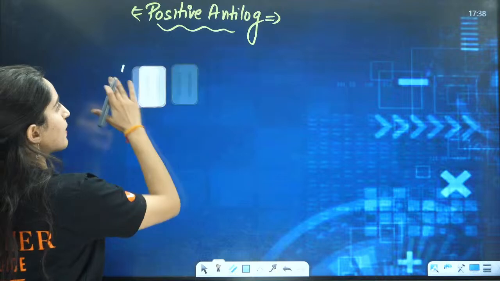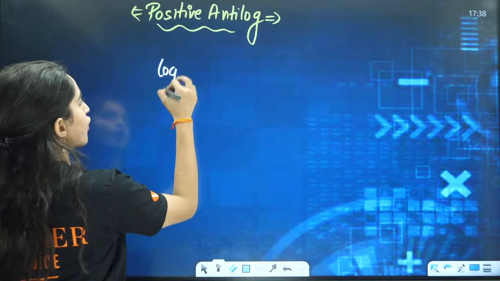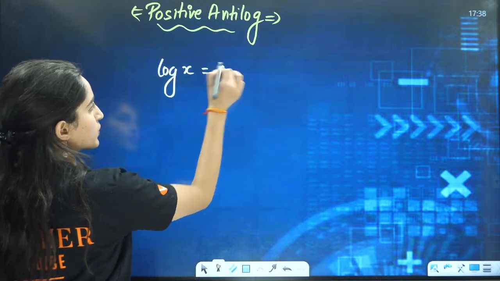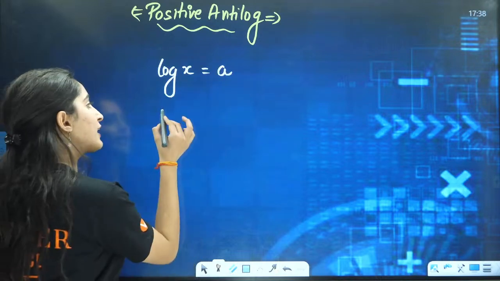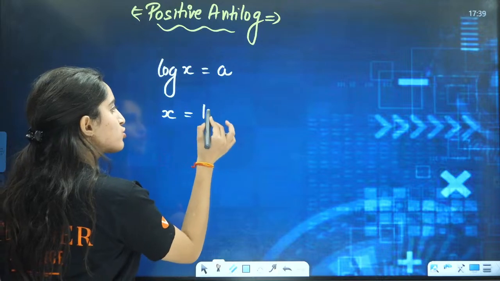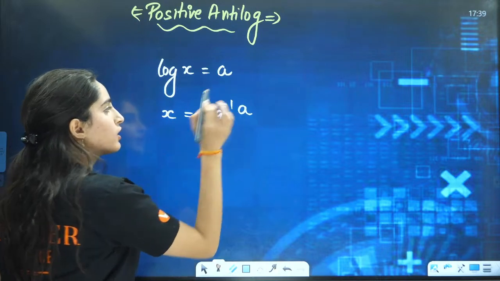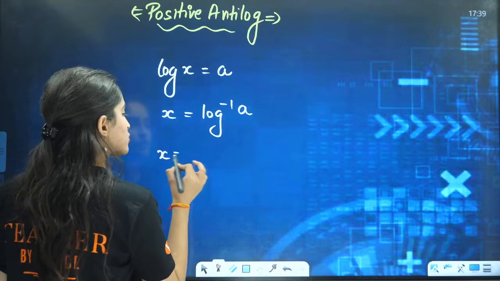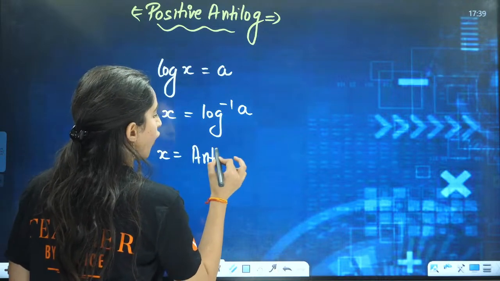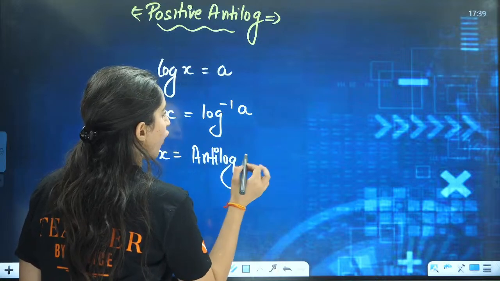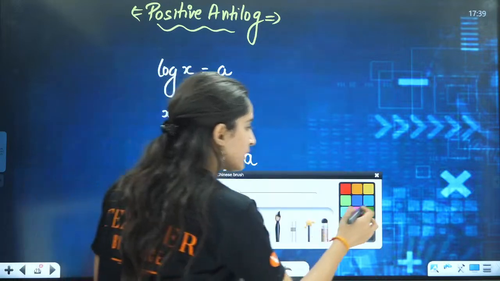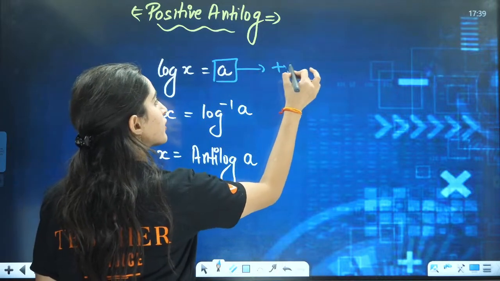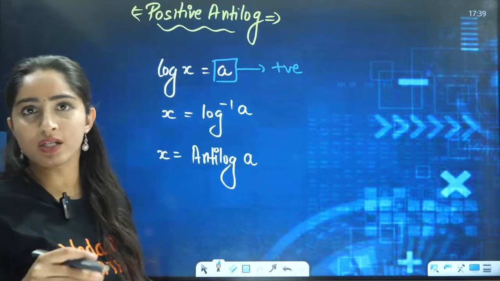For example, they have given us log of X is equal to A. Now I know how to calculate the value of X: X is equal to log inverse of A. What is log inverse? That is antilog only. So X is equal to antilog of A. If this A value is positive, then it is called positive antilog.